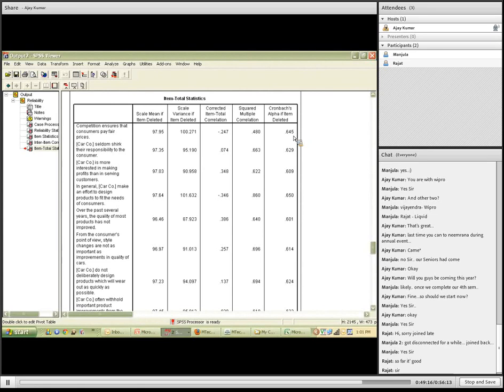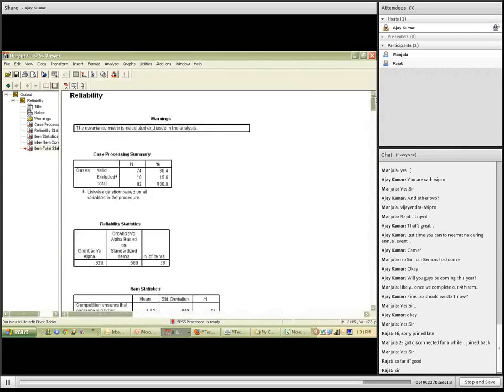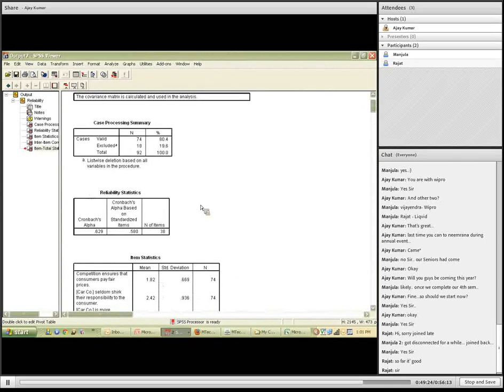What is Cronbach alpha now? For that I will go back up. In the beginning there is a coefficient alpha value, the standardized items one, and it is 0.580. This is the current status of Cronbach alpha, or you would call it the common score. So 0.58, I have to increase it, which means I have to delete some items.